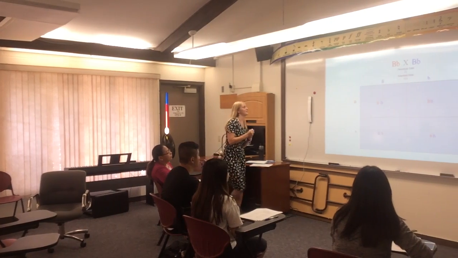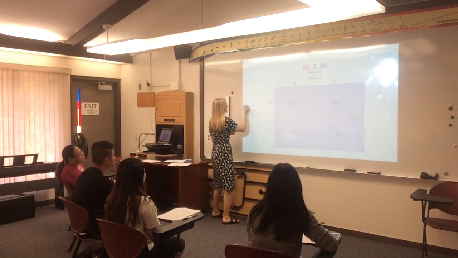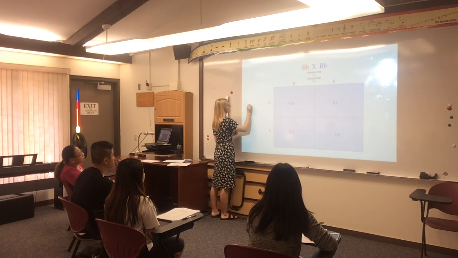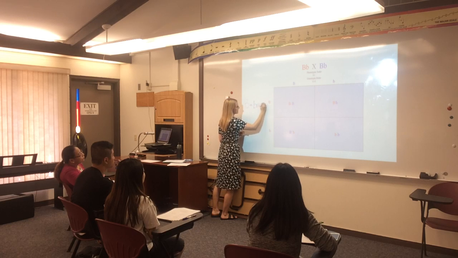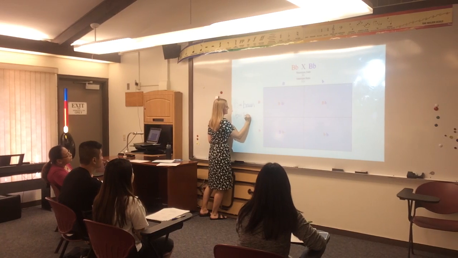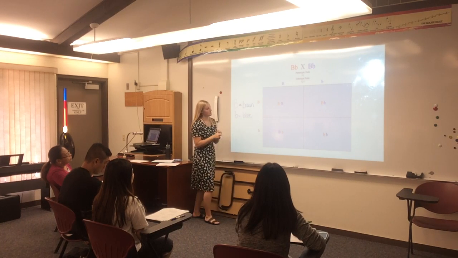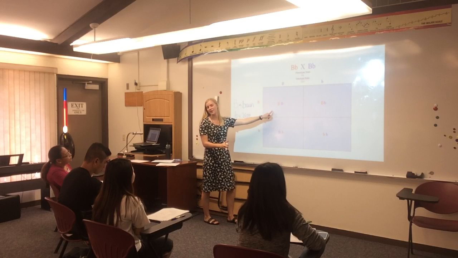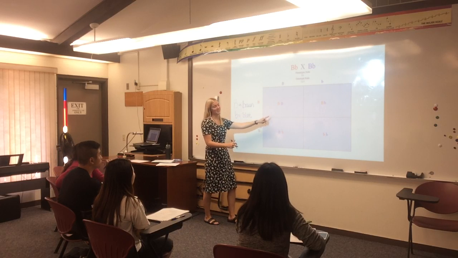So for this one, we'll do the uppercase. This is brown eyes. And the lowercase would be blue eyes. So for this one, would they have brown eyes or blue eyes? Brown eyes.